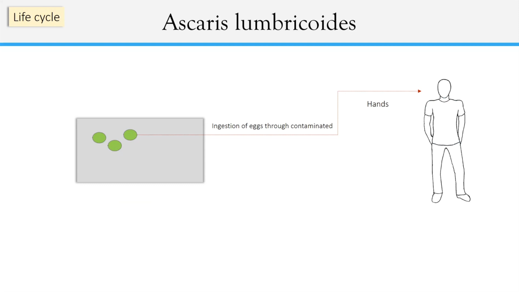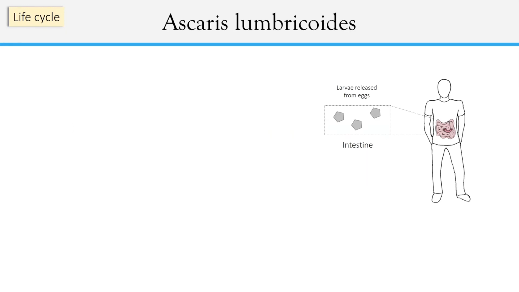Infection of humans occurs due to ingestion of eggs through contaminated hands, food, water, vegetables. When eggs appear inside of the intestine, larvae, the immature form of the parasite, are released from the eggs and then transferred into the blood.